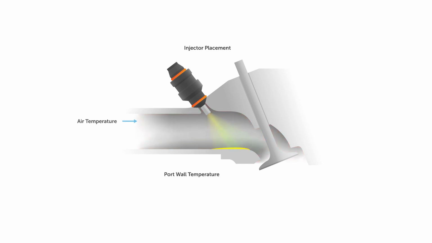This is similar to what's happening inside the engine when the injectors are spraying fuel against the port wall. Under steady state operation, a portion of the fuel delivered by the injector will form a puddle or film of fuel on the intake port wall. The size of this fuel film will be affected by numerous aspects like the injector placement, port wall temperature, air pressure, airspeed and injection volume.